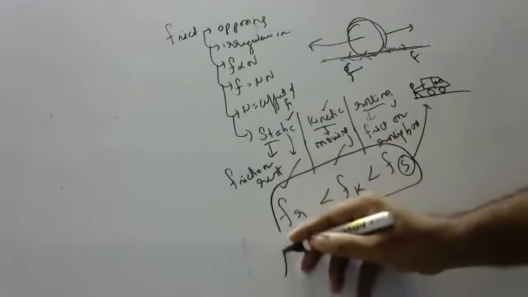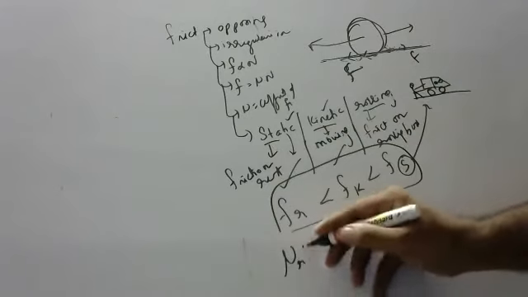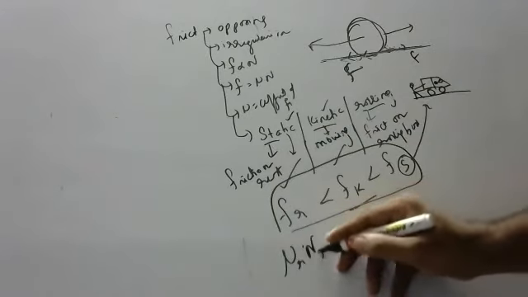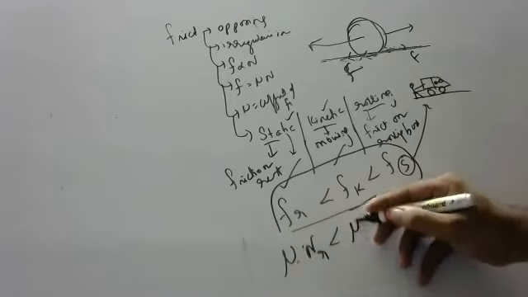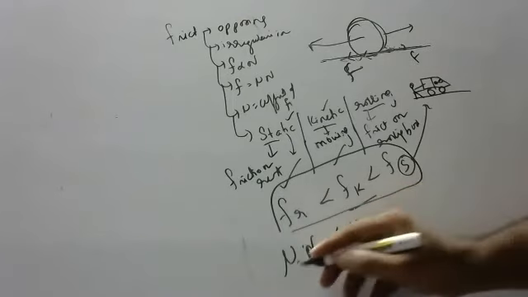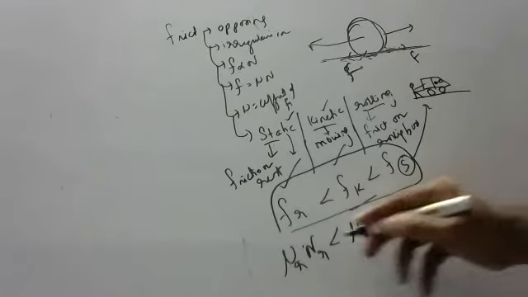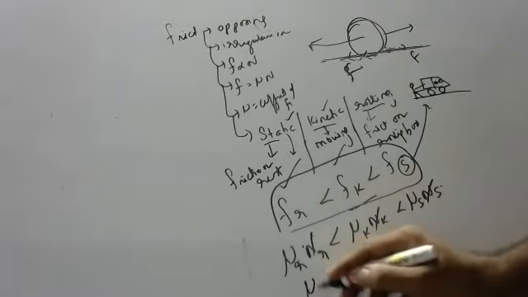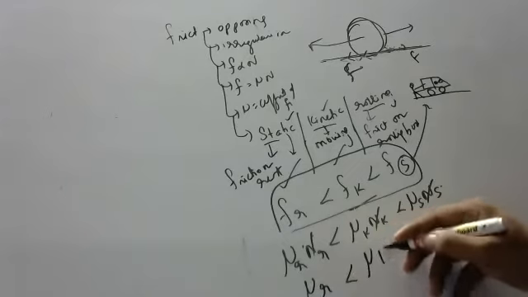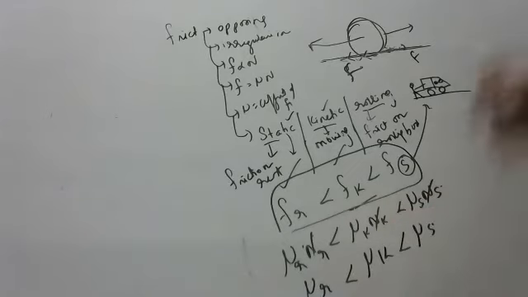So mu r N r, mu k N k, and mu s N s. Normal direction cancels. So coefficient of rolling friction is less than coefficient of kinetic friction is less than coefficient of static friction.